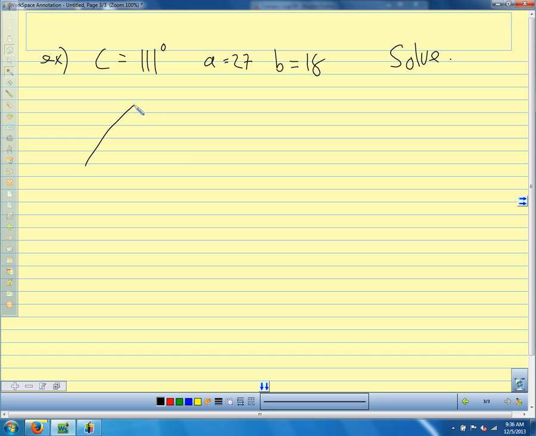So draw a picture here. Angle C is 111 degrees, A is 27 and B is 18. So we have a side-angle-side triangle here.